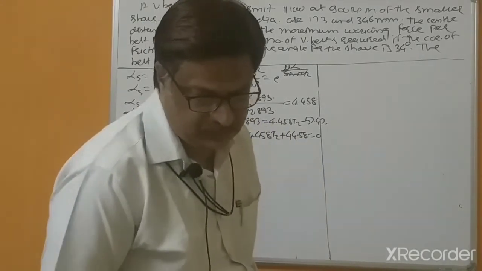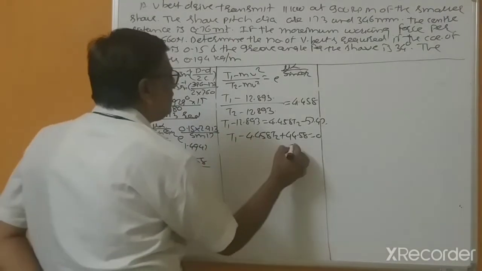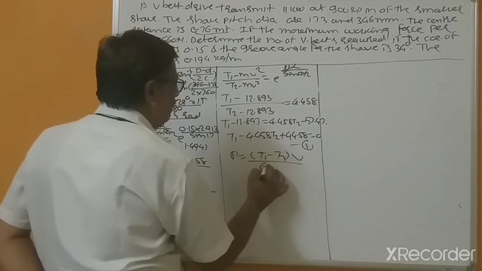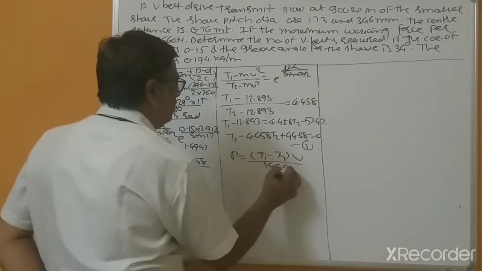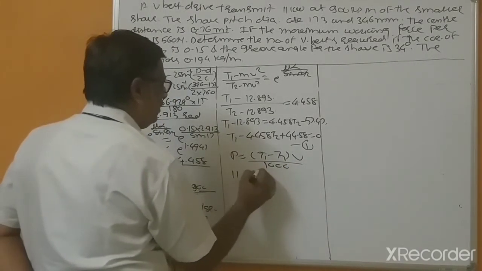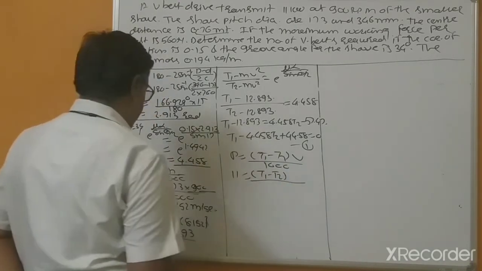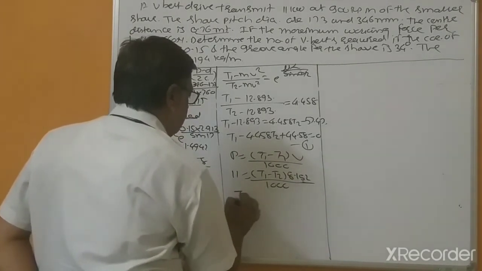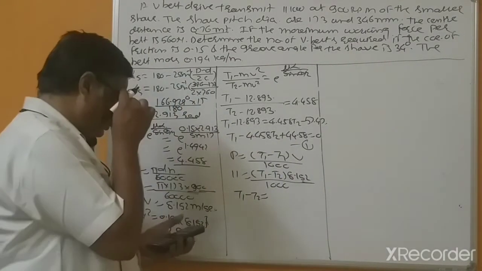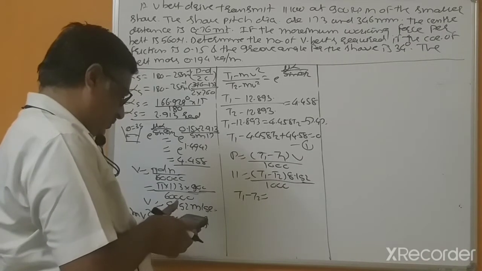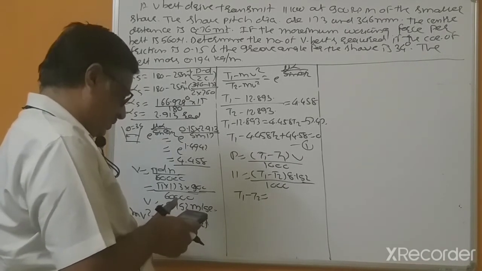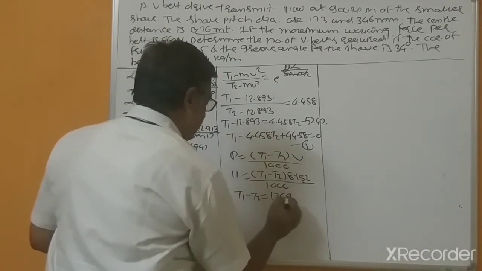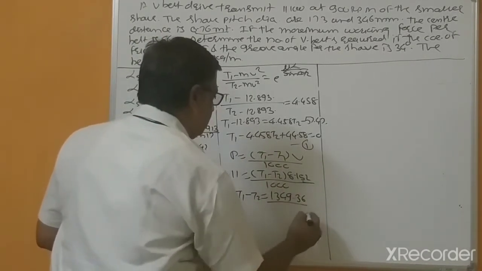I will check my equations in case I made any mistake. So this is correct, and this is the first equation. Now by using the relation P equals (T1 minus T2) multiplied by V divided by 1000, with P equal to 11 kilowatts, T1 minus T2 equals 11 into 1000 divided by 8.152, which is 1349.36 Newton.